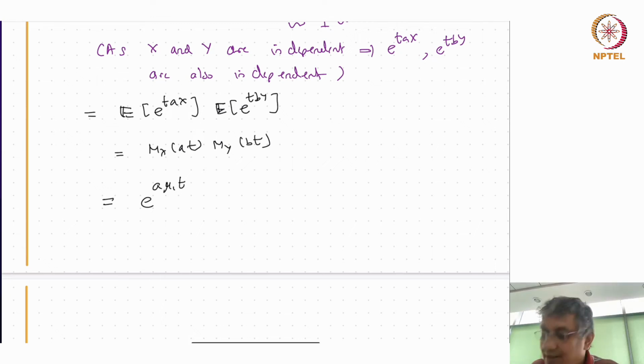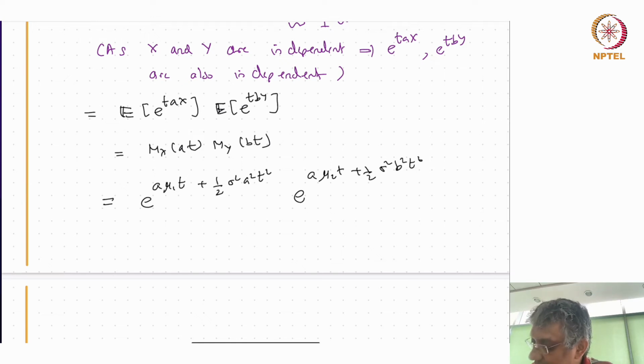That's the first one. And the second one is e to the b mu2 t, and it's going to be plus 1/2 sigma 2 squared b squared t squared.